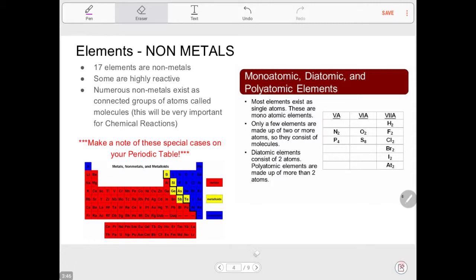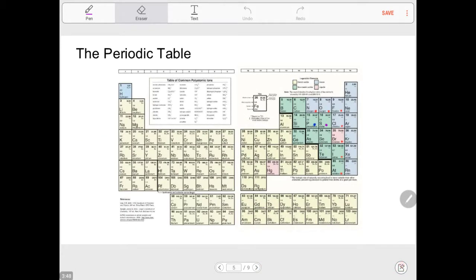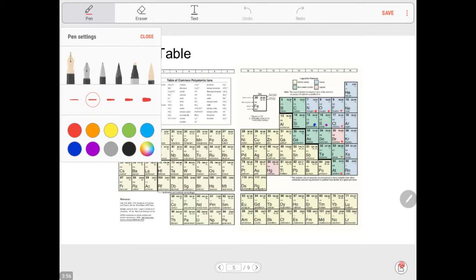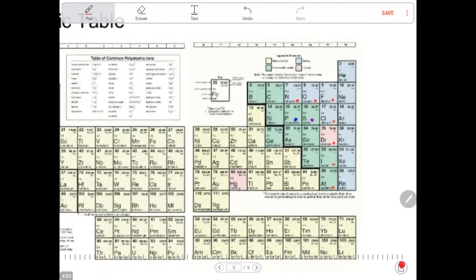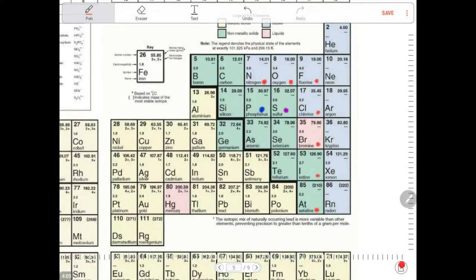And what I'm going to have you do, if we move ahead a page, I'd like if you could somehow put a little bit of some markings here on your periodic table. And what I mean by that is simply this. If I zoom in, I'll pause here. You see, over on this side, you can see nitrogen, oxygen, fluorine, chlorine. You get the pattern. I have some red marks. The red mark means that they exist in diatomic form or groups of 2.